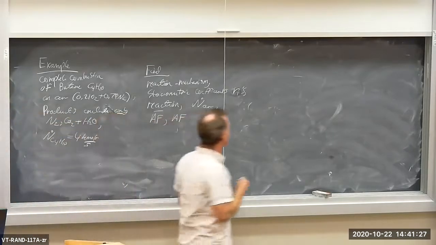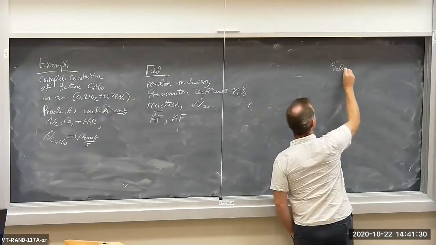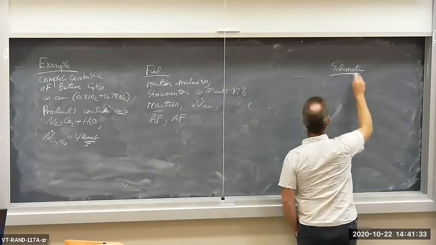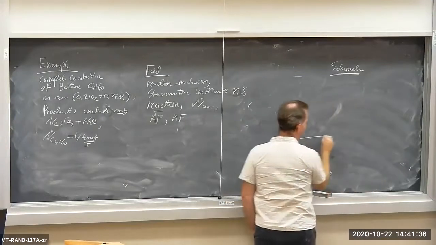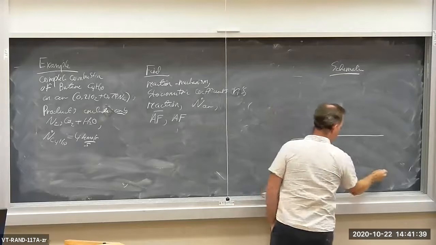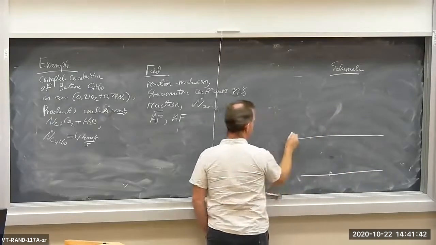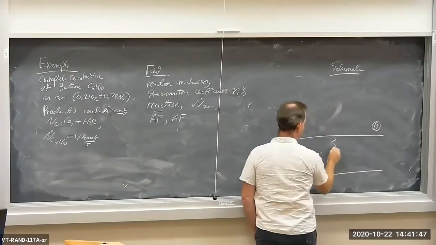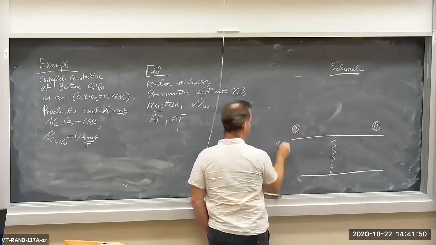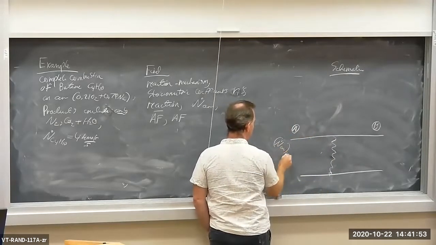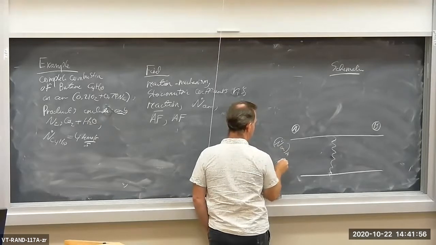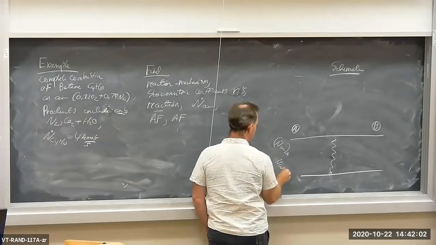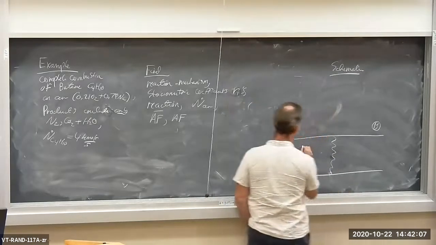So let me put up a schematic here. We have a duct, or a combustor if you like, with the reactant side and the product side. There's a flame here. We have m dot air going in on the reactant side, and m dot of the fuel, C4H10, also on the reactant side.